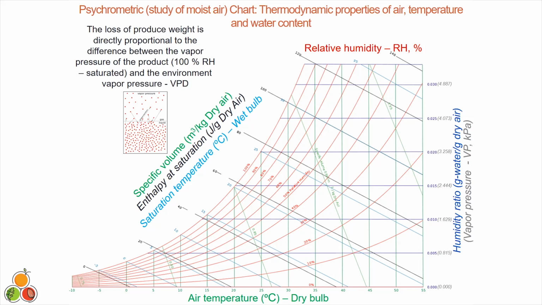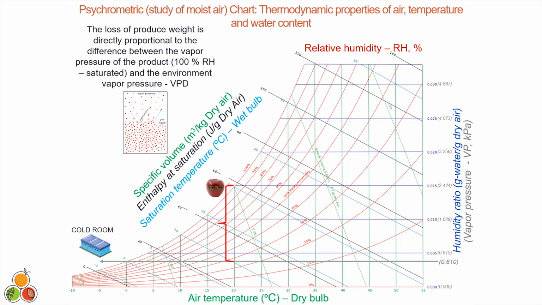We can assume that the product is at 100% relative humidity. Why? Because the majority of fresh produce have around 90% moisture content or higher. So our assumption is that our product is at around 100% relative humidity. The relative humidity in the environment may vary, and the temperature, of course, may vary. But let's assume that our cold room is at around 0 degrees Celsius.